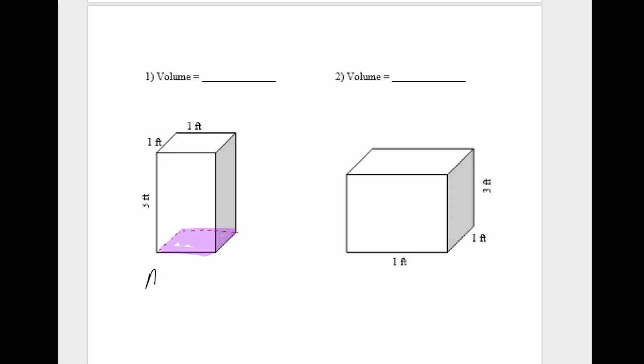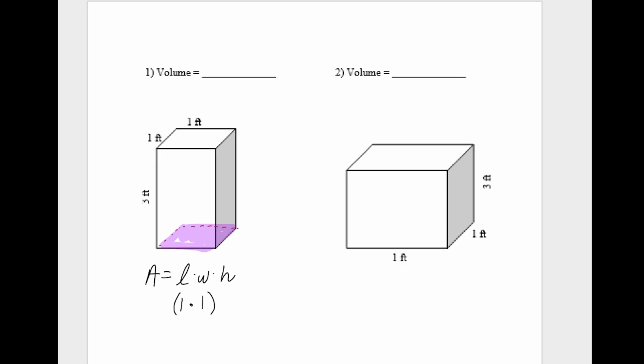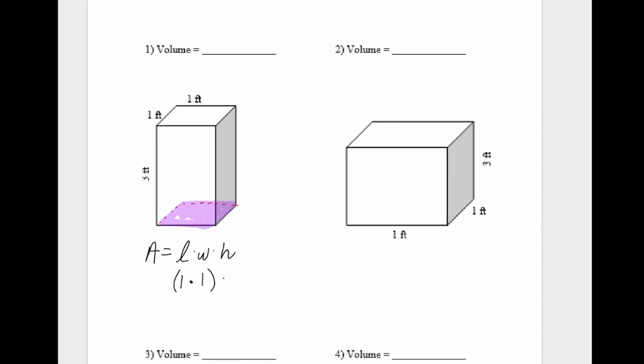So the volume is the length times the width times the height for our prism. This one's usually the easiest one to get because you just multiply the 3 dimensions together. So the area of the base would be 1 times 1, and then times the height, so times 3. So you almost don't even need a calculator for this, right? 1 times 1 times 3 is just 3.